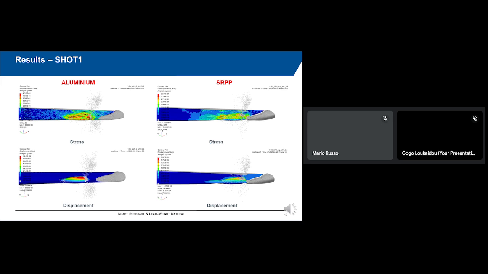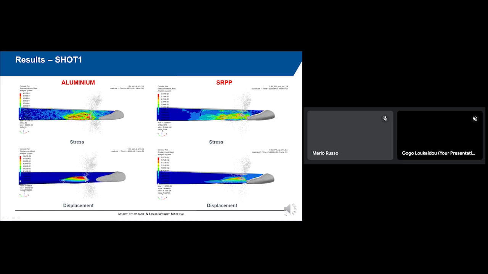This is a normal structure of the composite of the horizontal stabilizer of a plane. You can see circled in red the leading edge, and you can see in this kind of imaging the result of a bird impact on the leading edge made of aluminum and SPP.